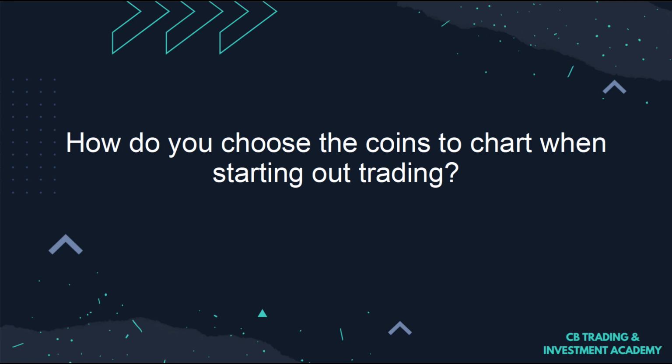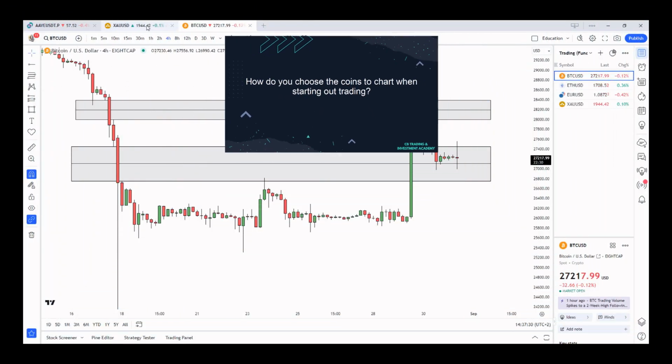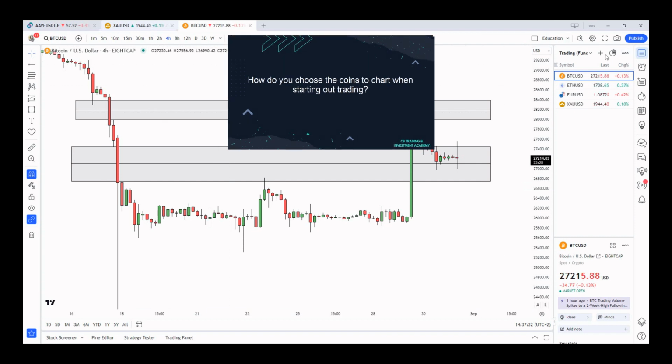So which coins are preferable to trade? Well, I prefer, as you can see, I have a funded account which I trade, most of the times, only Bitcoin, gold, and Forex, Euro, USD. That's all I trade.